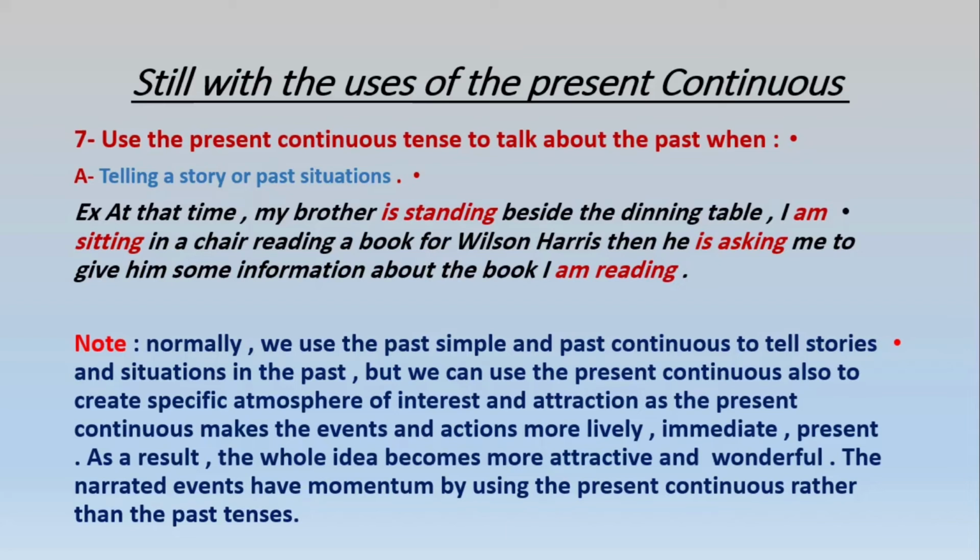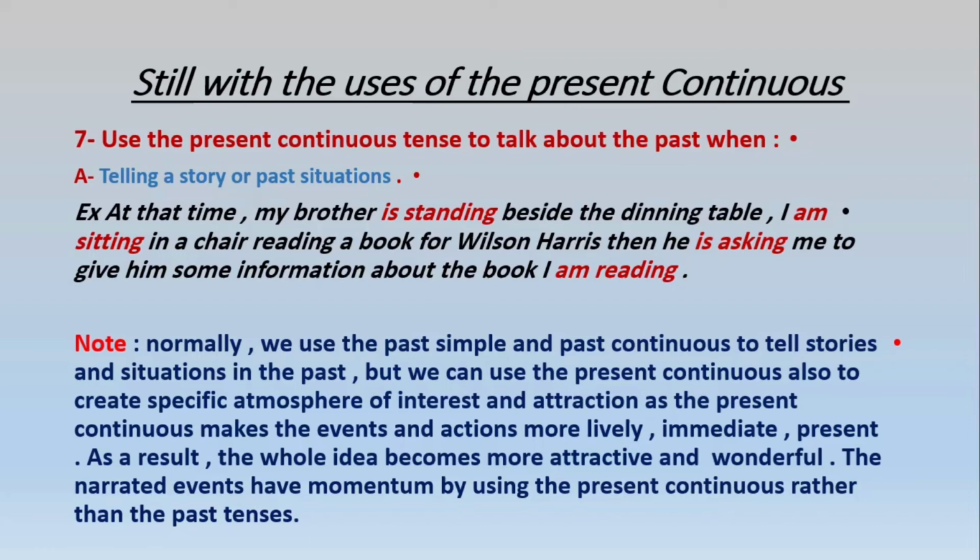and the story as a whole happened before, but we use the present continuous. Why? This is a special case. Normally, and generally, for exact use, we use the past simple and the past continuous to give an idea, or to explain, or to describe past events, whether in a story, an experience for me or for others, situations in the past as a whole.